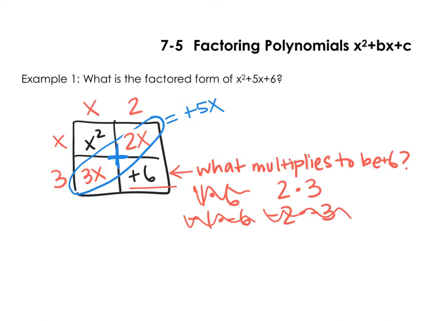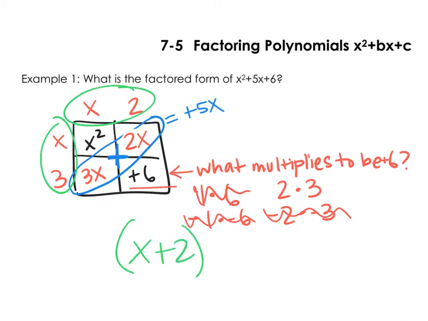So I know that my answer on the top and the side is correct. I'm going to write my answer, which is x plus 2 because it was a positive 2, and x plus 3 because it was a positive 3. Again, if I were to multiply those back out, I should end up with that trinomial that I started with in the beginning. You can always check your answer.